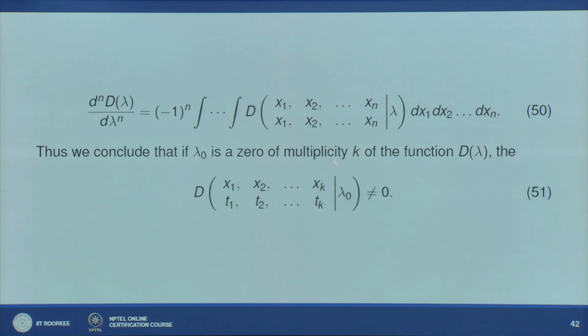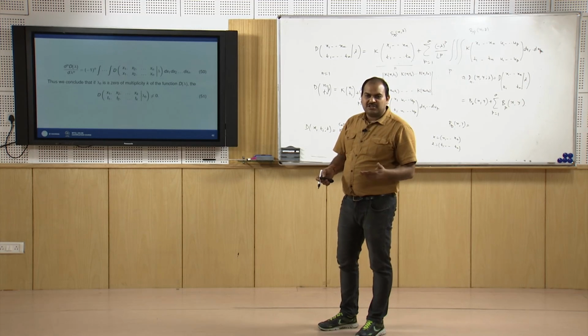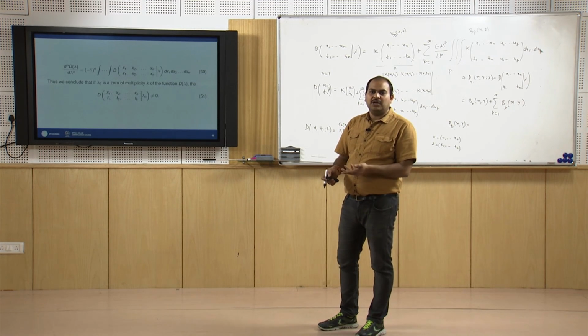So this is a kind of relation between the zeros of D lambda and the solution candidate. If lambda naught is a zero of multiplicity k of this function D lambda, then the kth minor is not equal to 0, but we may have that the k minus 1th minor or k minus 2th minor may also not be equal to 0.